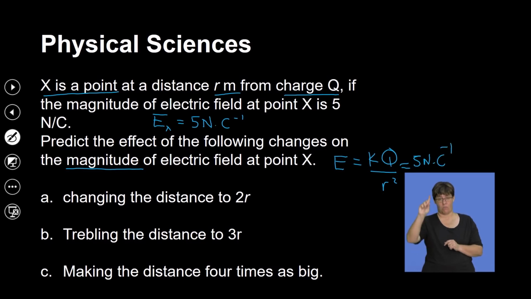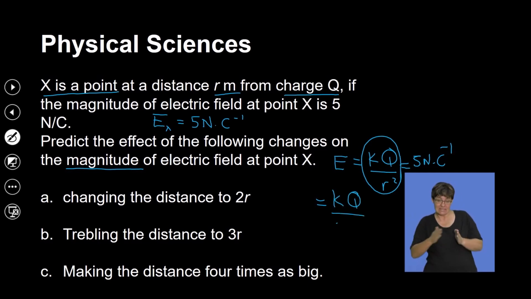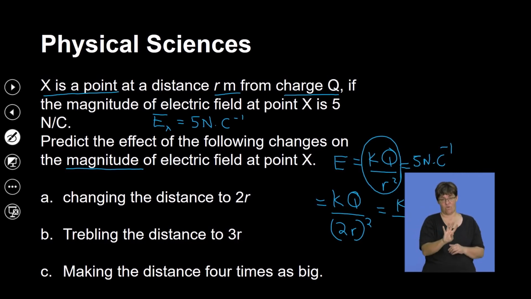That's our magnitude of E, the electric field at a point. So if we double the distance, what happens? We get the new field in terms of 5 is going to be kQ, because the charge is still the same, and we've doubled the distance. Now we are squaring that double distance to give us kQ over 4r squared.